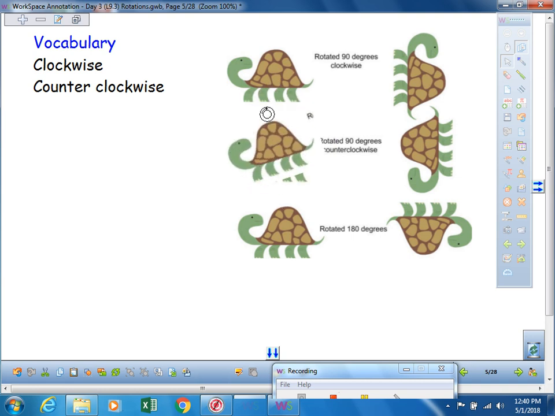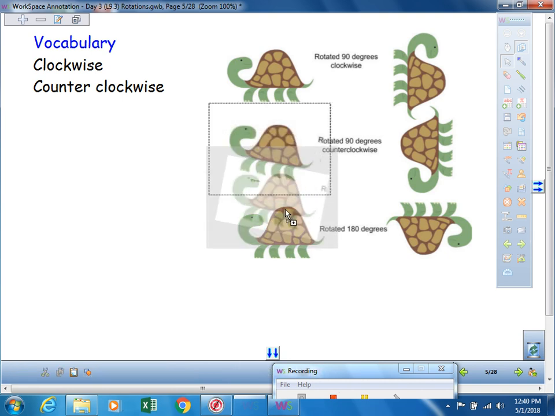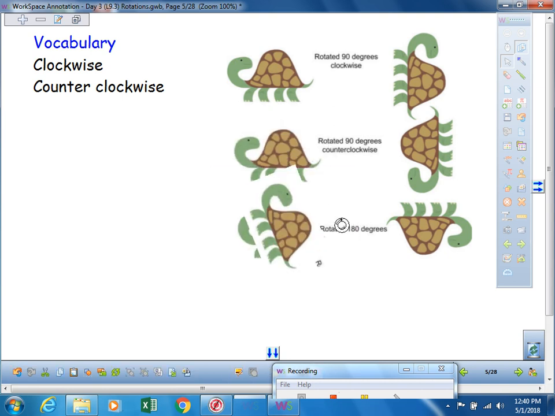Oh, that's 90 counterclockwise. Sorry, I wasn't reading it. He's going to the left, right? And then this one, 180, is upside down. Woo, it's getting dizzy.